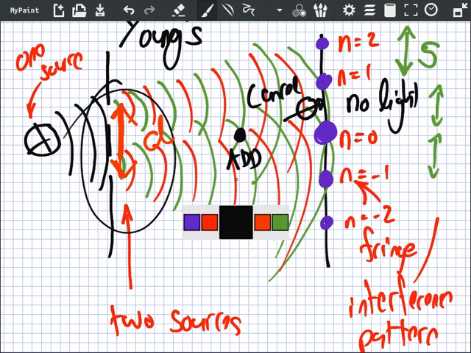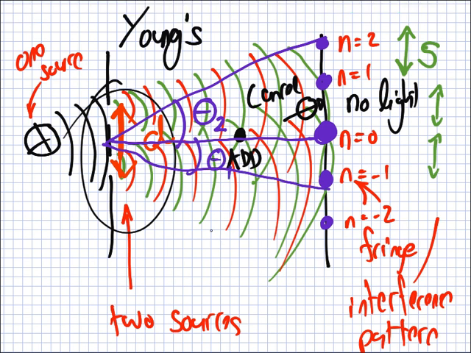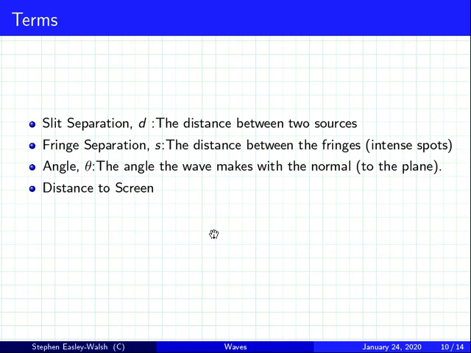The angle, theta, depends on which fringe you're looking at. For example, this one here I could call theta 2, and this one here theta 1. The theta is the angle. Distance to screen, well, that's obvious.